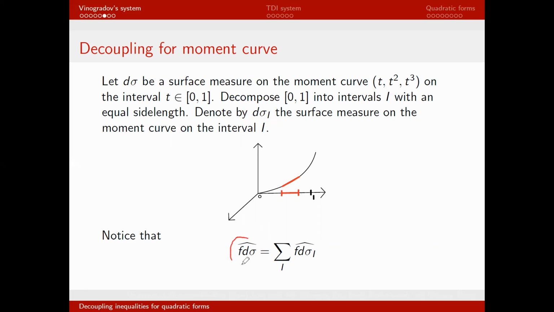This is the operator that we are interested in. This is the Fourier transform of f on the moment curve, and by the definition of Fourier transform, we have this equality. Now we are ready to state decoupling inequalities.